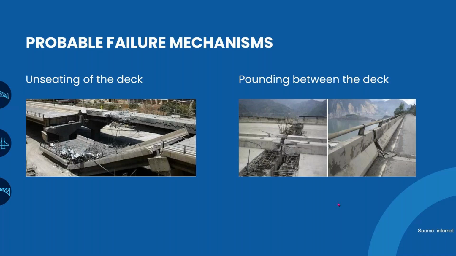Similarly, if an expansion joint is provided between the two spans, there is a possibility that these two spans pound at one particular location and cause damage, and hence the serviceability of the structure is compromised.